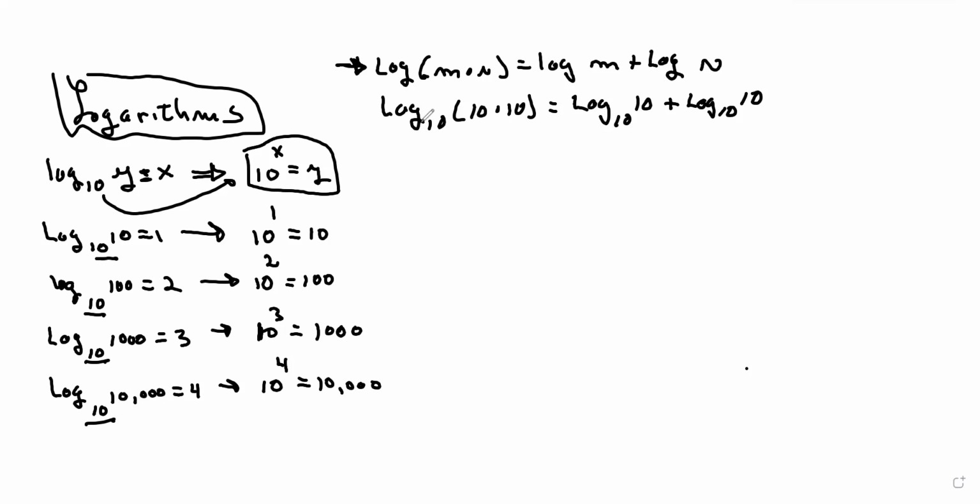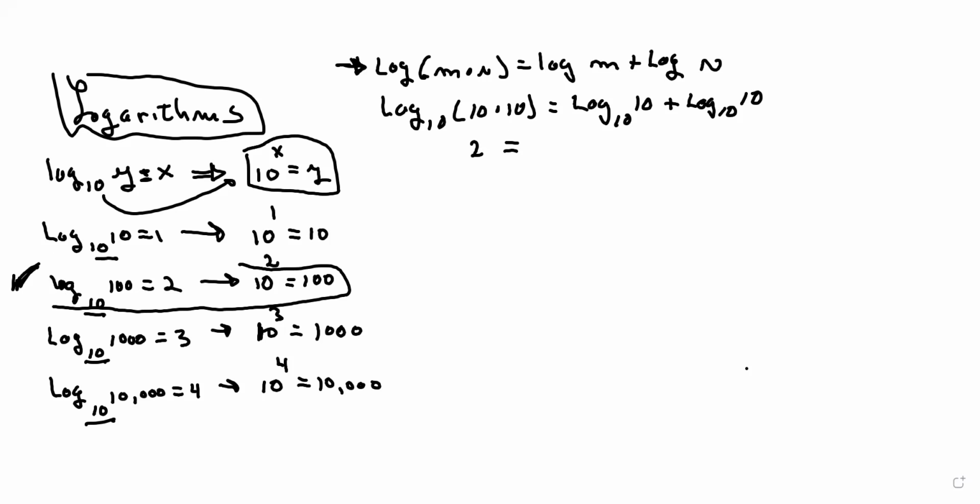And we have that because this is going to be 100, and the logarithm of 100 over here would be this one right here. This one is going to be 2.